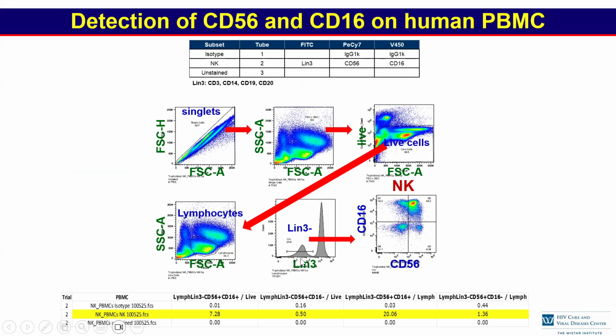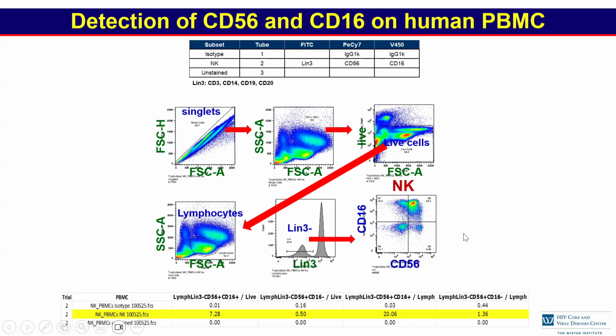Then we go to LIN3 and pick the LIN3 negative. You see we have two populations, positive and negative, in the lymphocytes, which is expected because we have T cells and we also have NK cells. If we focus on the LIN3 negative, we have the distribution of CD56 and CD16, with the double positive and then the single positive populations, as expected.